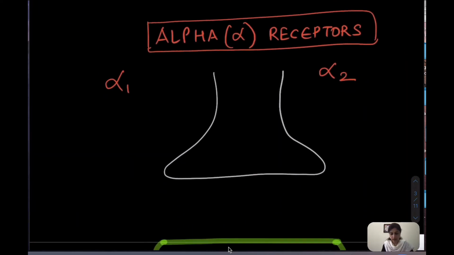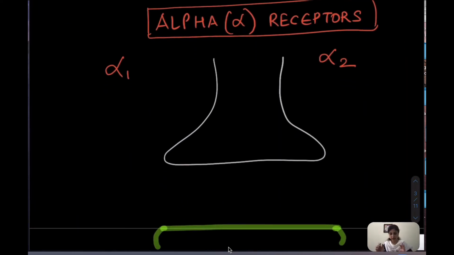So first we start with the alpha receptors. I told you last time also that the position of these two alpha receptors is different. Let's say this is the nerve ending, this is the neuron, and this is the organ ending, right? So the alpha 1 receptors are most of the time present here.